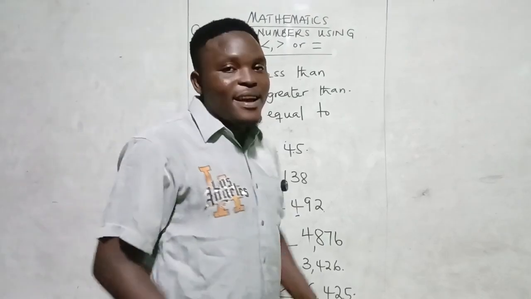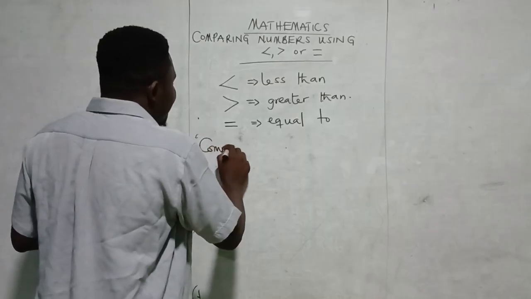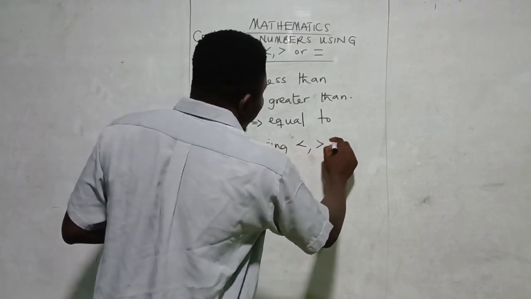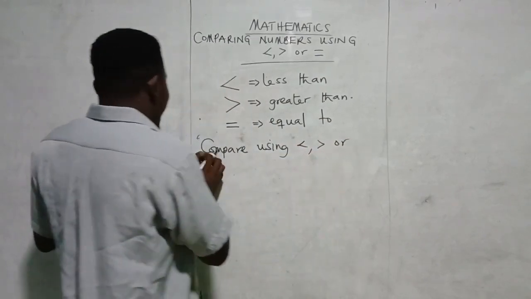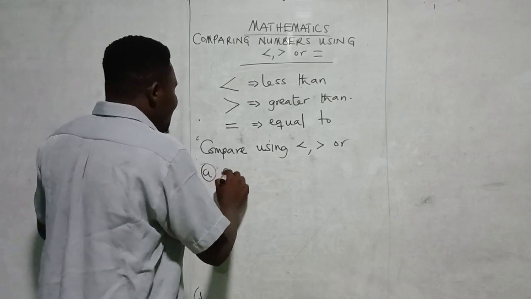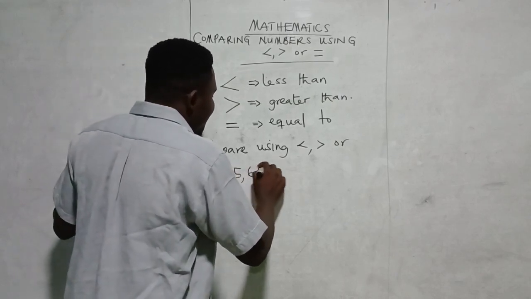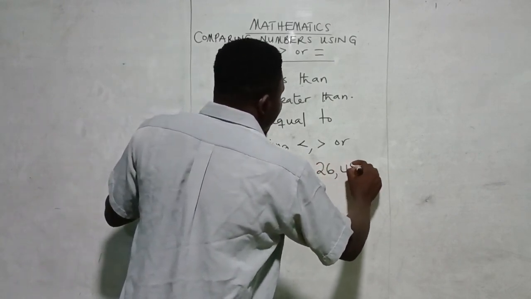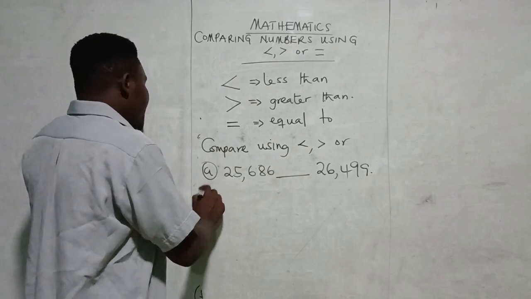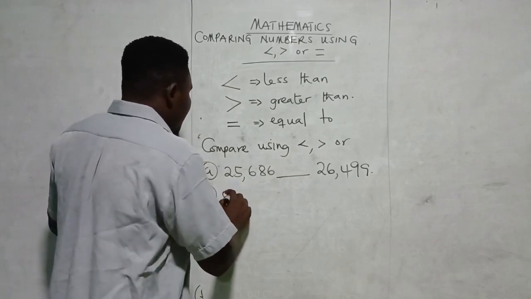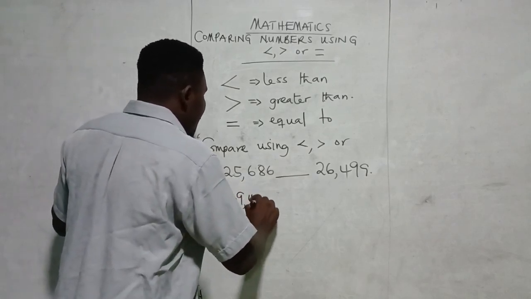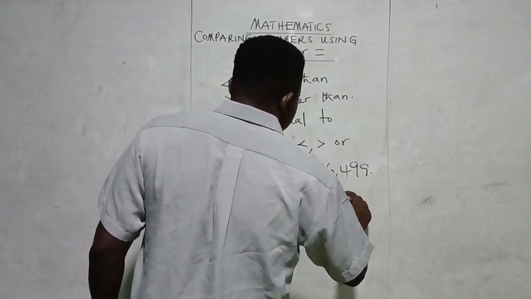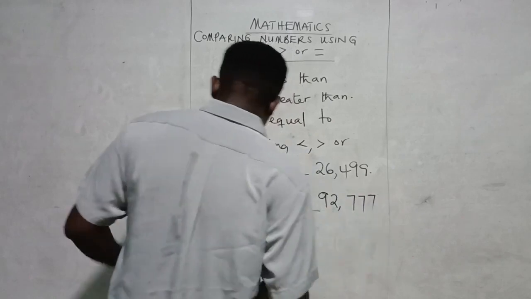I want to give you an exercise. Compare using less than, greater than, or equal to. So A, on my left side, you have 25,686. On your right, you have 26,499. B, you're going to have 869,444. On your right side, you're going to have 92,777.